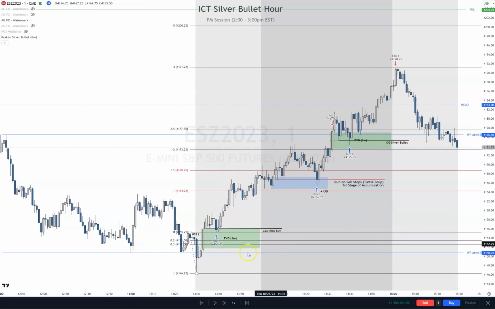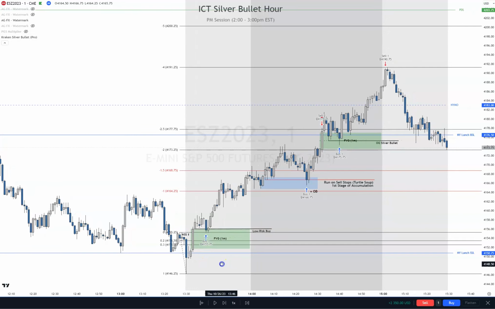All right, so let's recap here. We started on the 1:30 time frame, and we saw that the New York lunch sell side liquidity was just taken. Also on the 1 hour time frame, it was taking out a major low from like May, and it also took out lunch sell side liquidity.